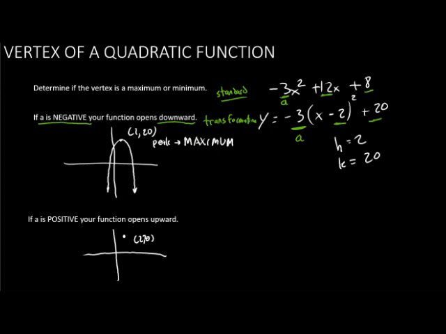However, we would let the function open upward instead. Notice that this vertex 2, 20 in this other form would have been a valley. And if you have a valley, you have a minimum. However, since our a was negative 3, that means our function should open downward and we will have a maximum.